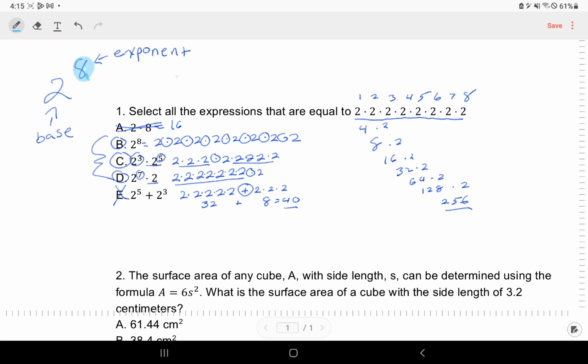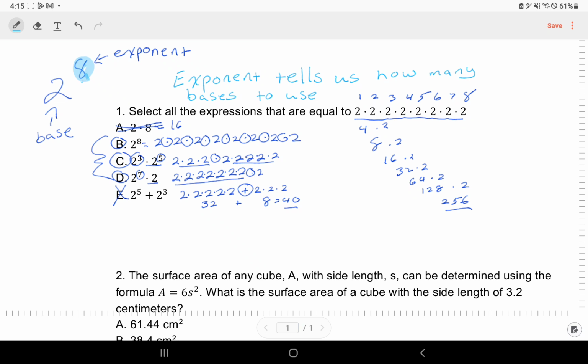The exponent tells us how many bases to use.